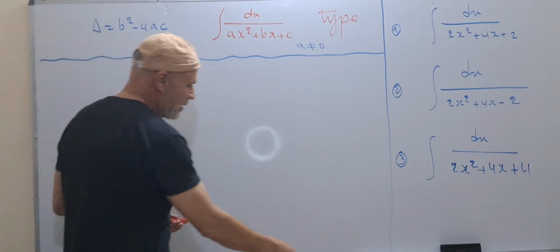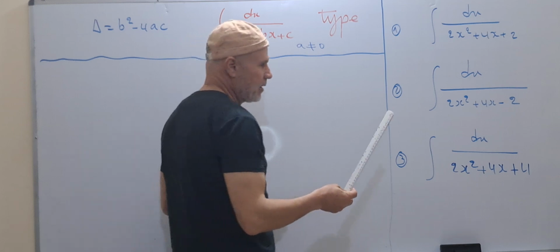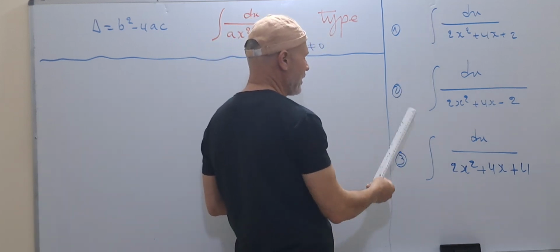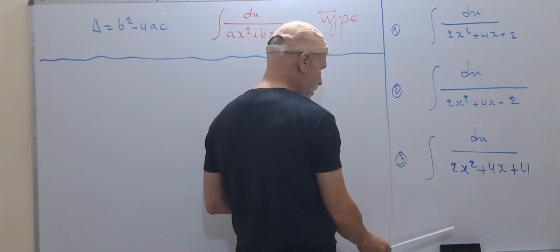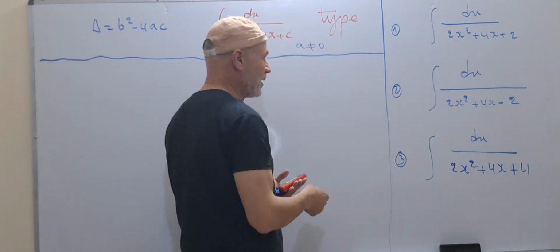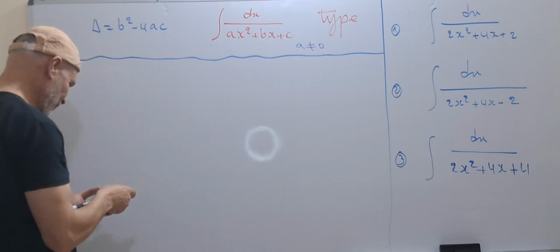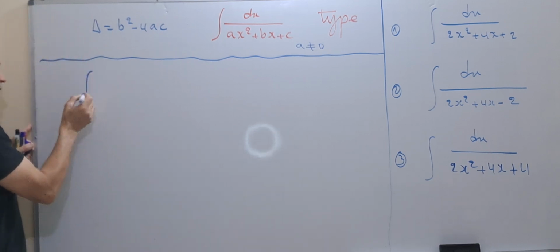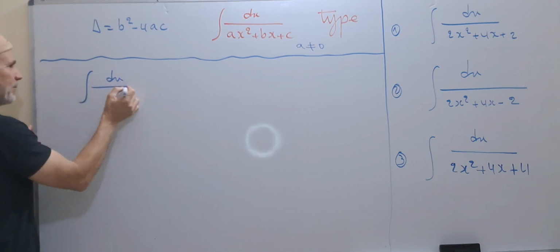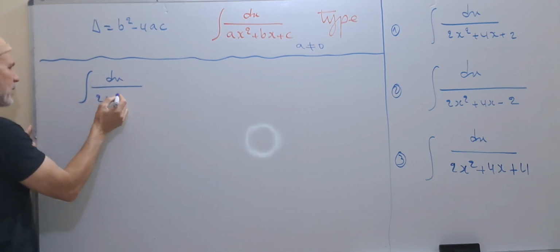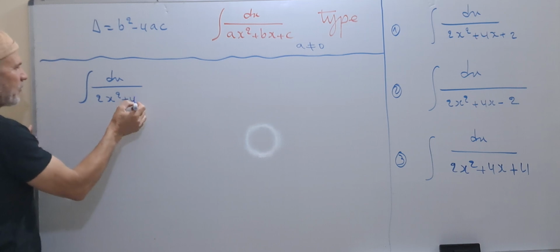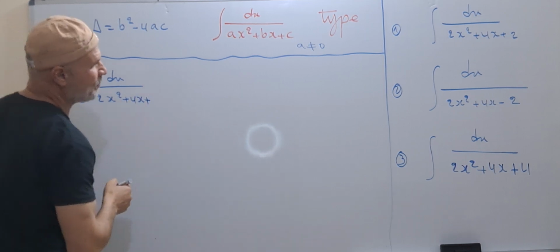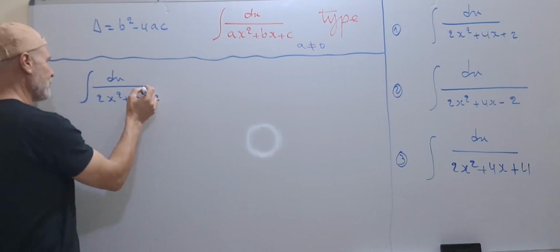As an example, to let you understand better, I propose these three integrals. The first case, when delta is equal to 0. So here we have the integral of dx over 2x squared plus 4x plus 2.